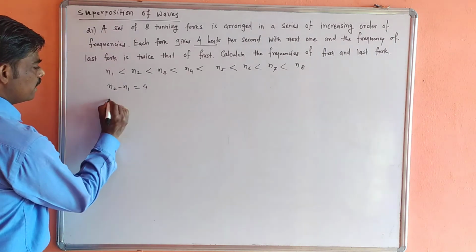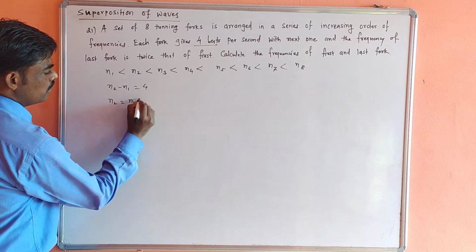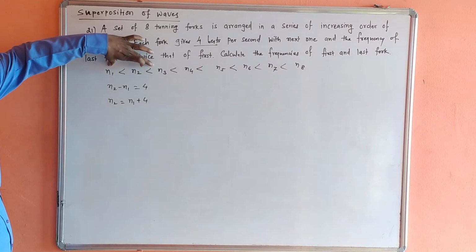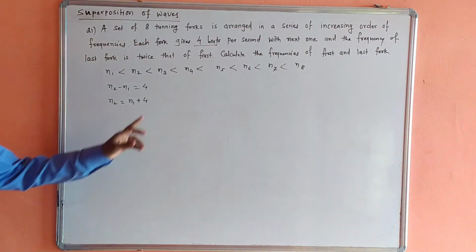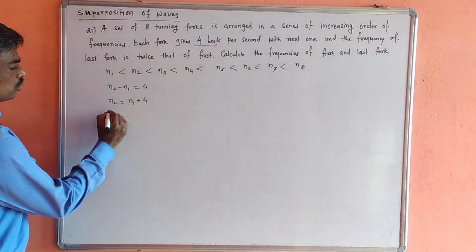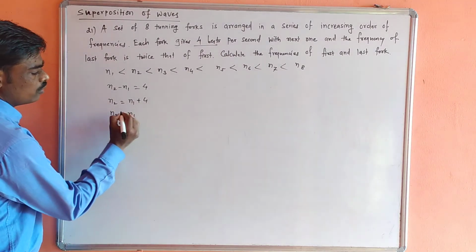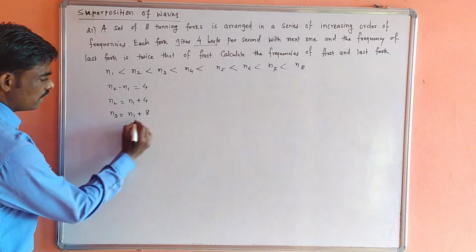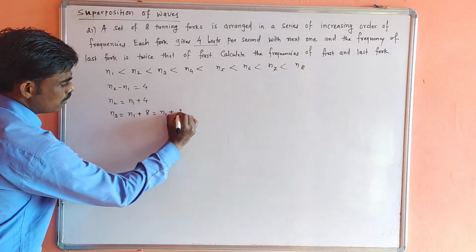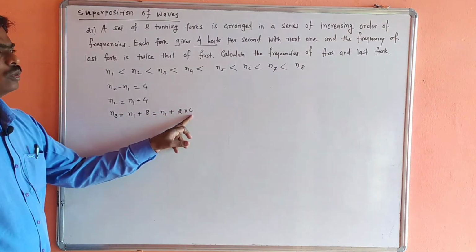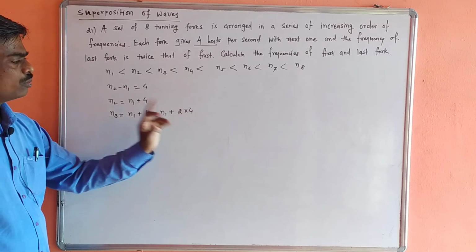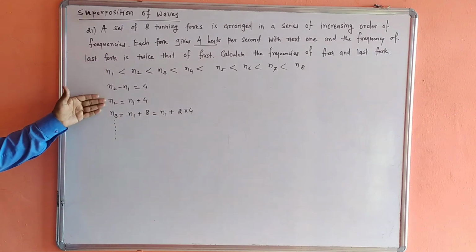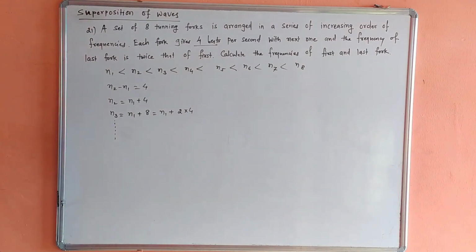So we can write n2 equals n1 plus 4. Now if we take the subtraction between n3 and n1, it becomes n3 equals n1 plus 8. Understood? This 8 I can write as n1 plus 2 times 4, where 4 is the beat frequency. In this way we can create a particular equation for n8.